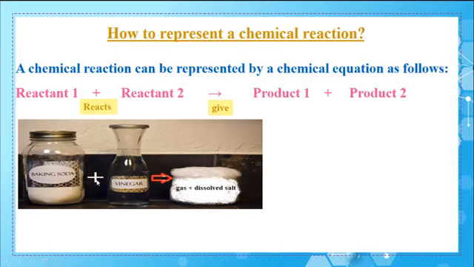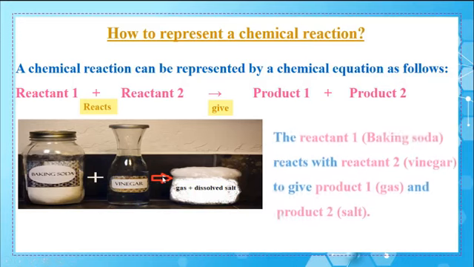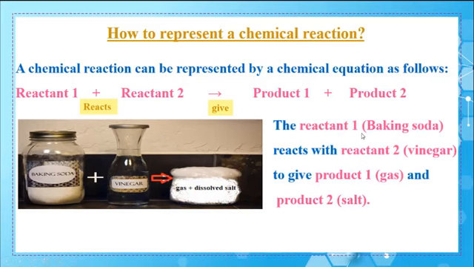The statement that we'll obtain is: by placing these symbols, reactant 1, which is baking soda, reacts with reactant 2, which is vinegar, to give product 1, which is a gas, and product 2, which is a salt. Now, this is a chemical reaction: baking soda plus vinegar, arrow, gas plus dissolved salt.